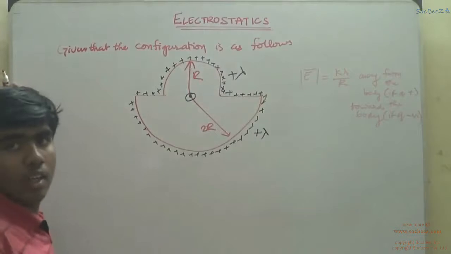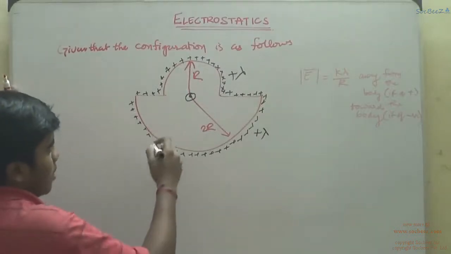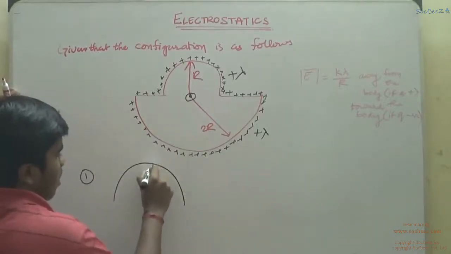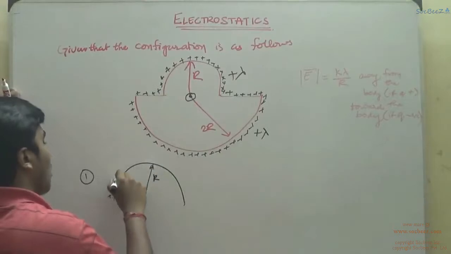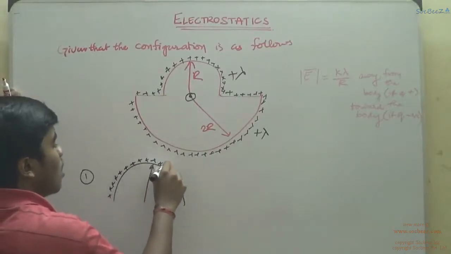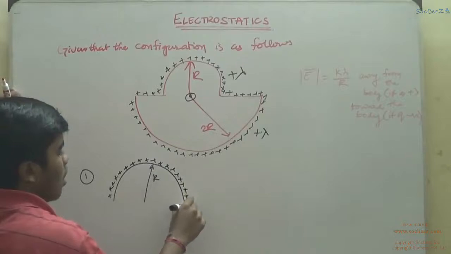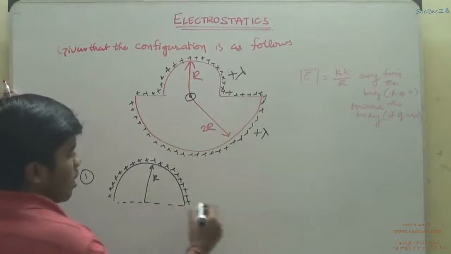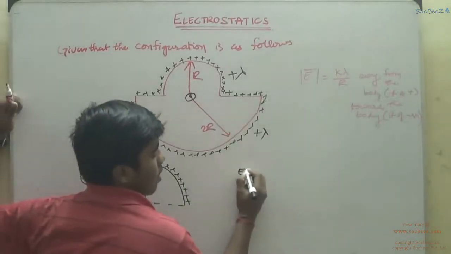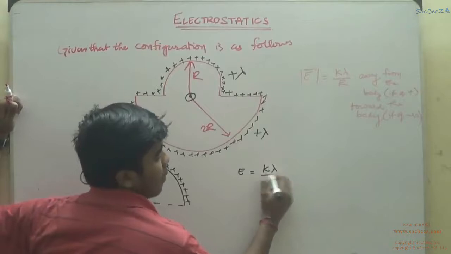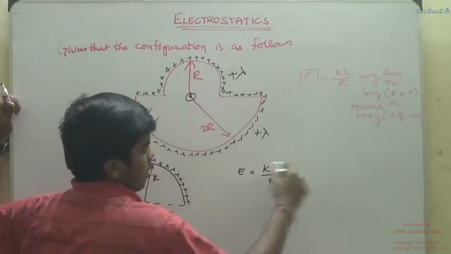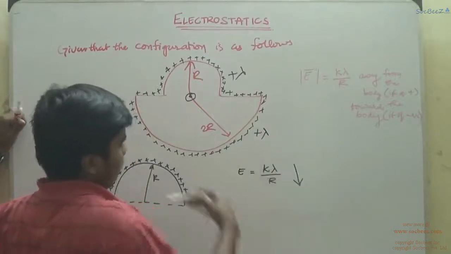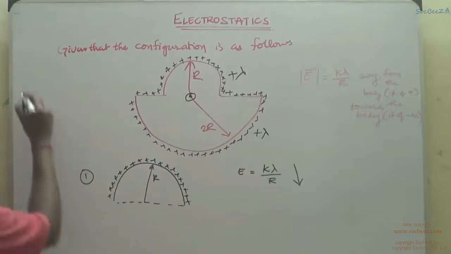Now let us try to break this question into parts. First part: using that formula, we get to know that the magnitude of the electric field is k lambda by r, and since it is a semicircle and the charge is positive, the direction is away from the body, that is, downwards.